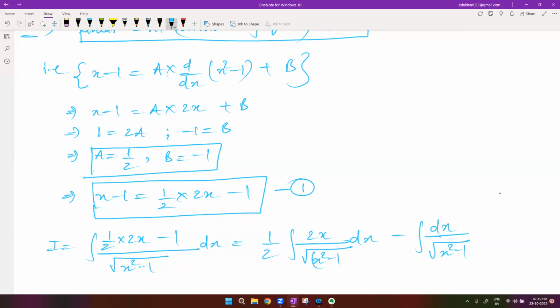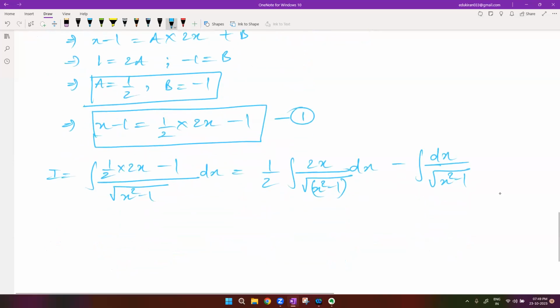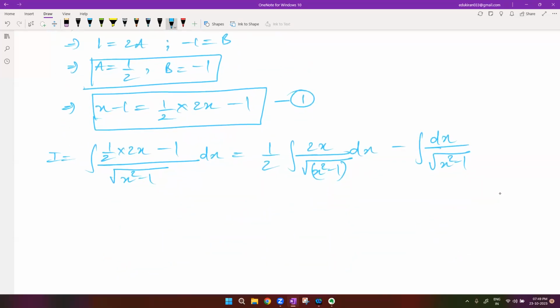You put x square minus 1 as t. This 2x dx will be dt. So for the first part, use substitution. And for the second part, use your formula for the particular function.